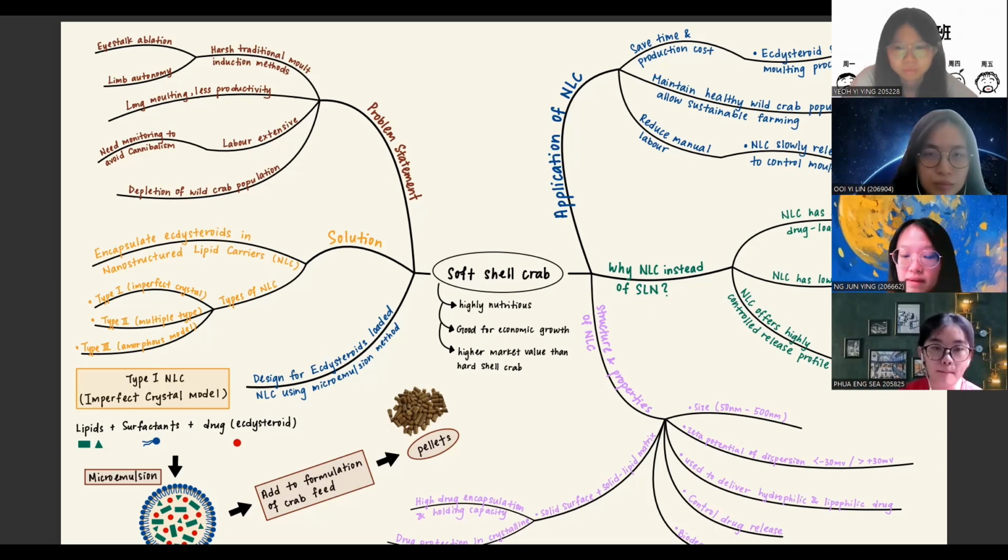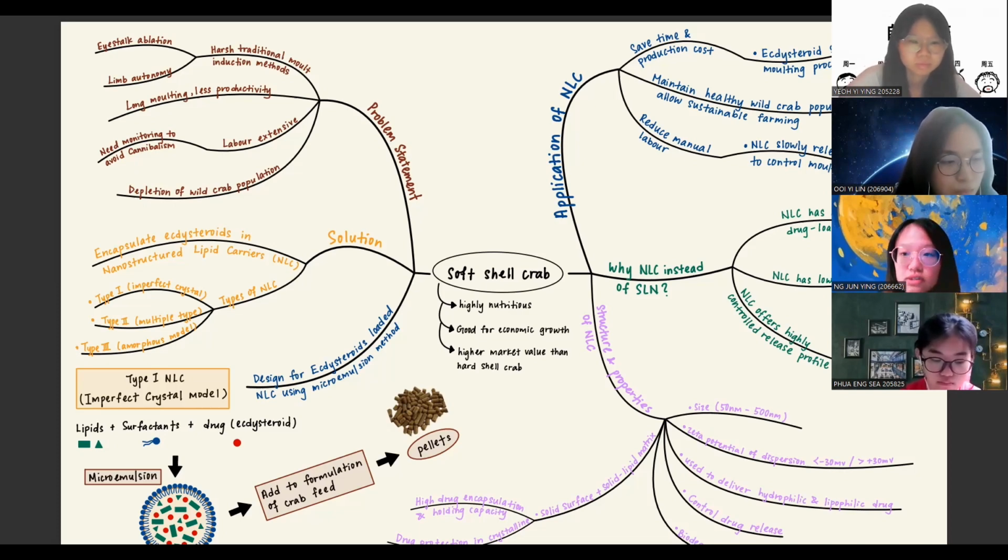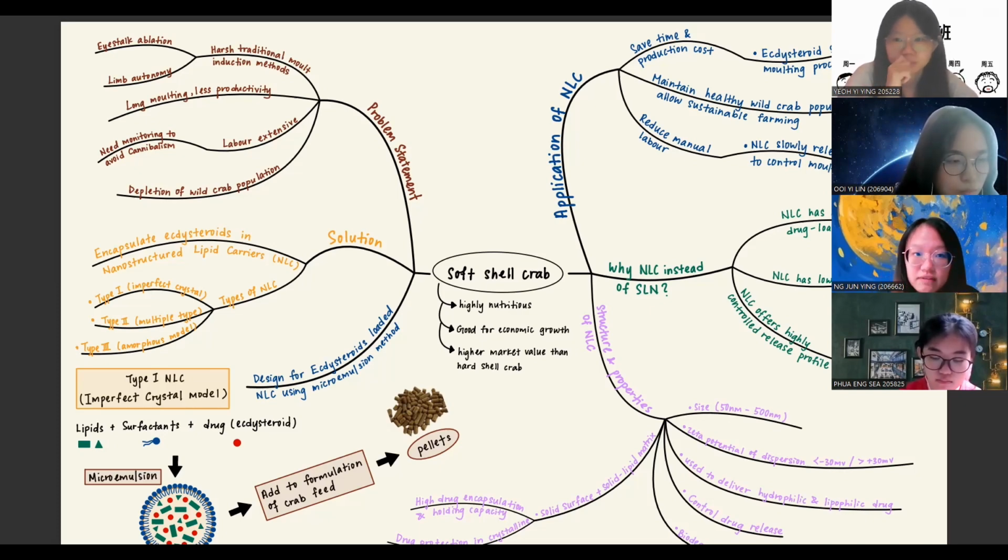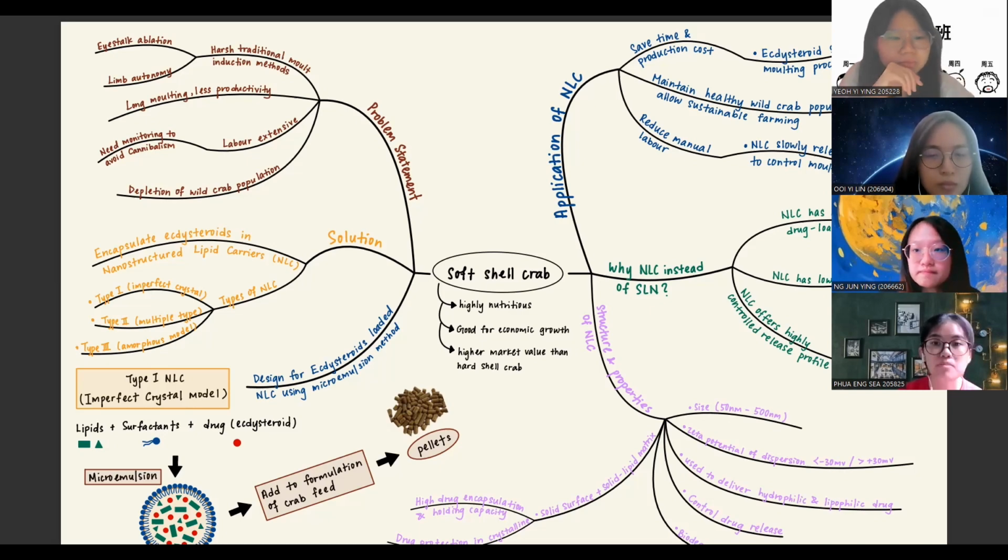Based on my limited knowledge, a biosurfactant can be obtained from biological sources, so it can be more suitable for in vivo application. However, I think we need further study regarding this, because the surfactant is important to maintain the stability of the NLC and to ensure the efficiency of the hormone in the NLC.